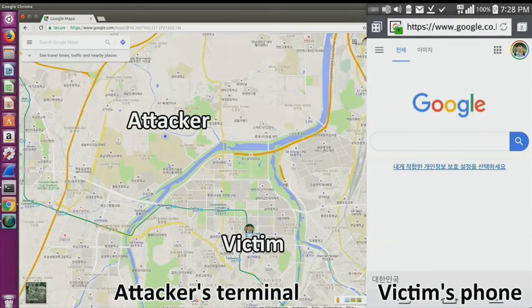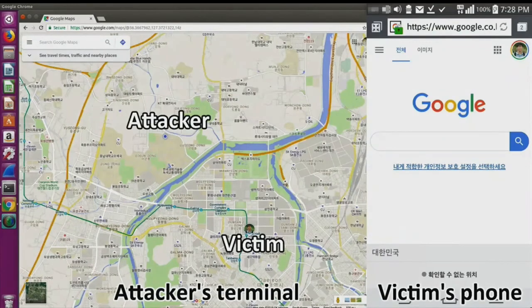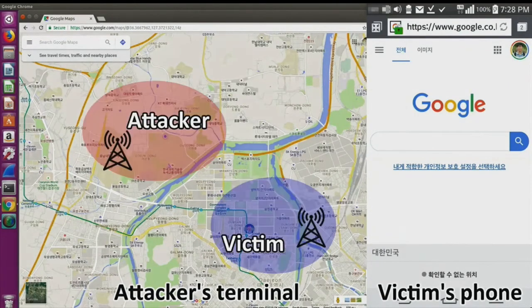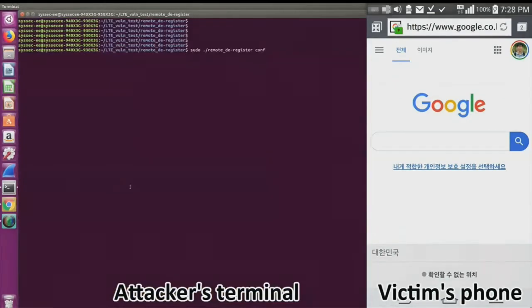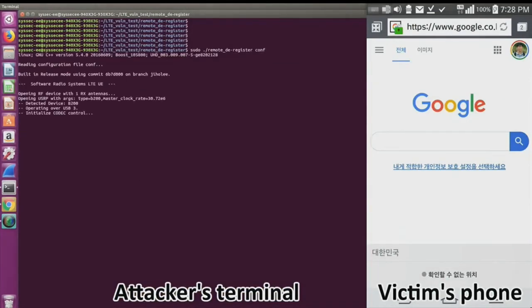So this is the demo of the remote deregister attack. The attacker and the victim are 3.6 kilometers apart, which means they are connected to different NodeBs, but in the same MME pool area. The MME pool area is known to be a very, very large area.